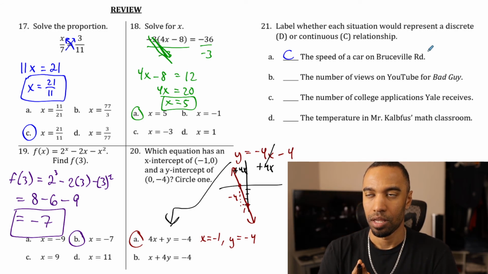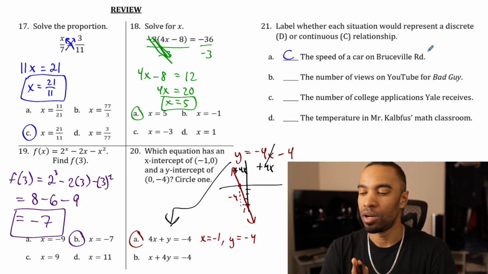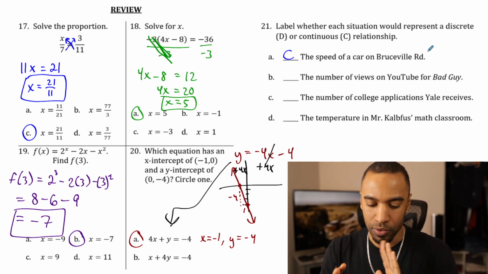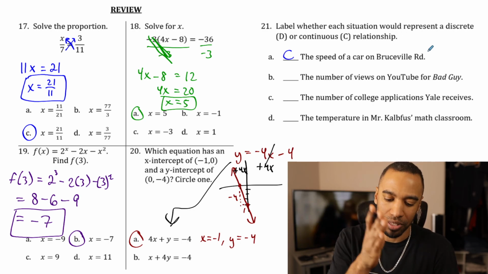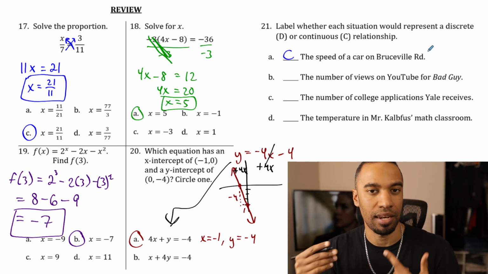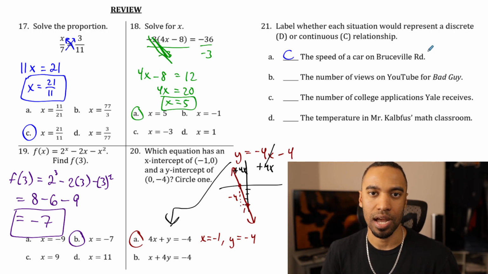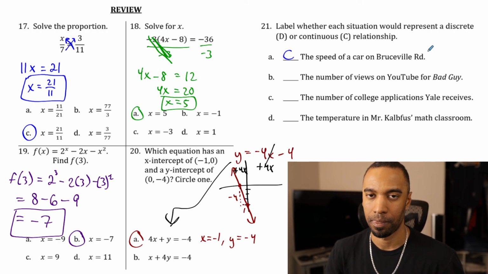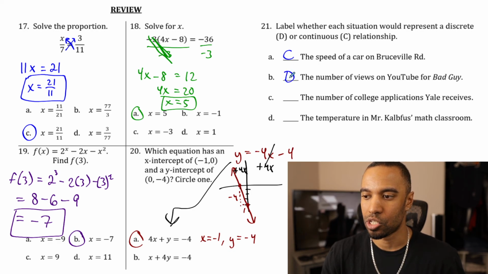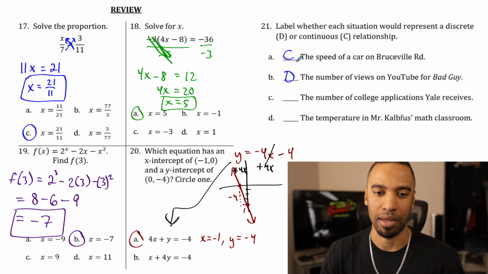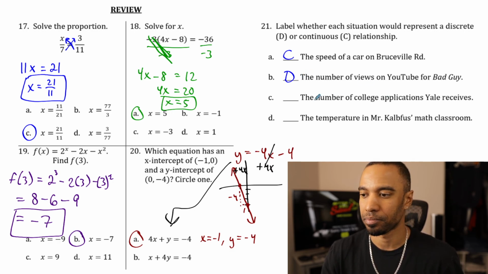No. It's not that it continues forever. It's that the views go from 1 to 2 to 3, to a billion and 1. There is no 1.5 billion. Technically, if these were dots, I could not connect them. This is a discrete relationship because each view is its own integer amount. There's no fractional amounts of views, even though that happens forever.